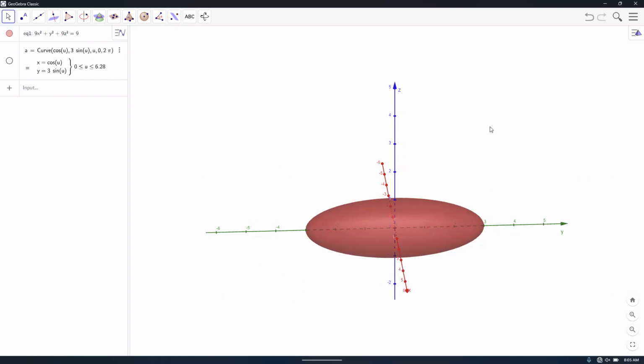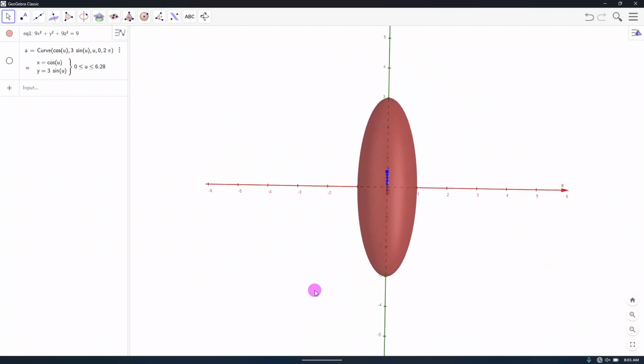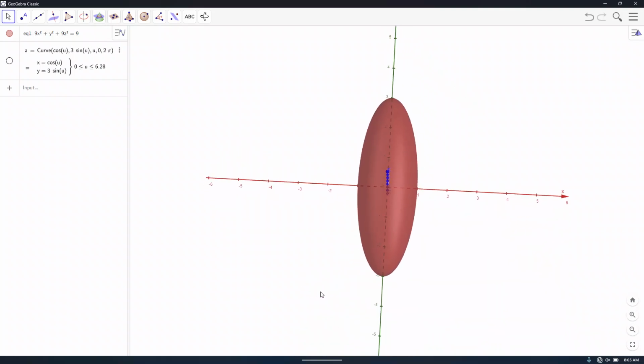All right, so what do we need to know? Regardless of the shape that you're given, we need to see what's going on in the XY plane. So forget about the solid, forget about everything. What's going on in the XY plane? Let me rotate the graph so we can see it.